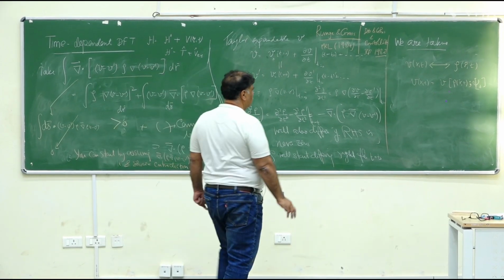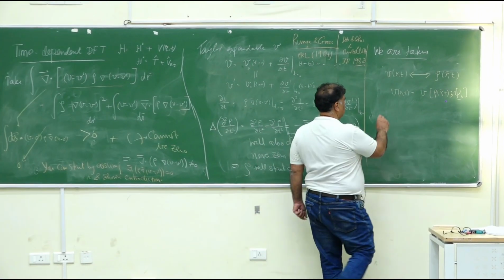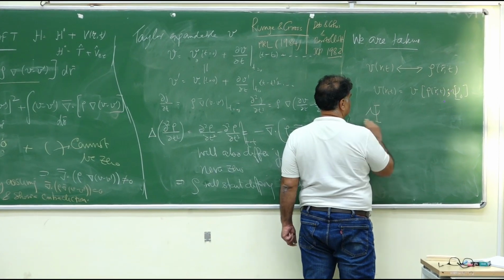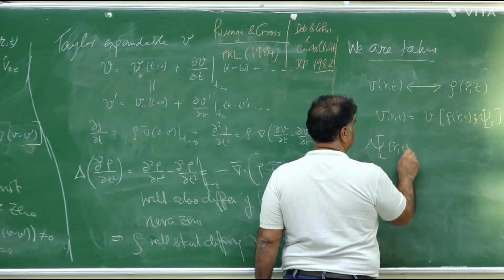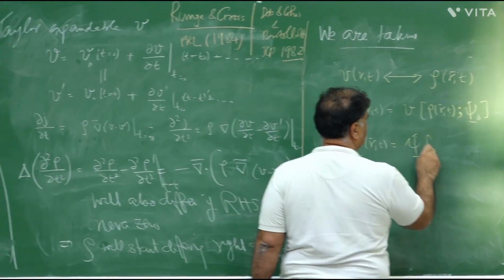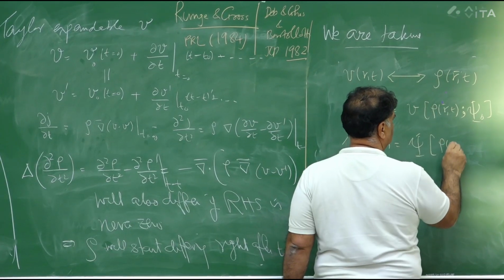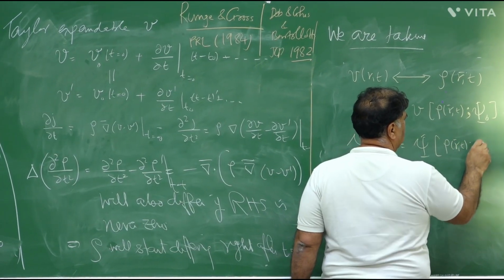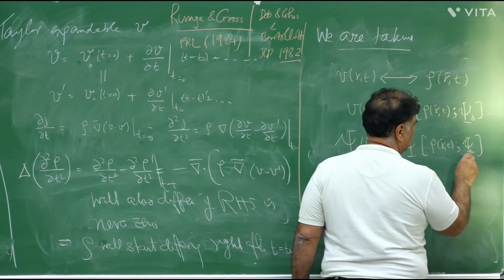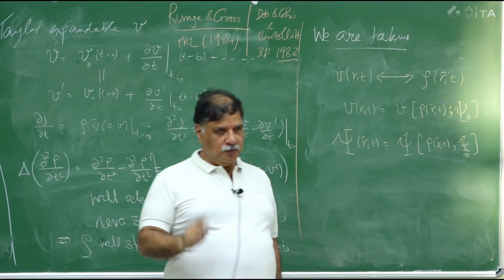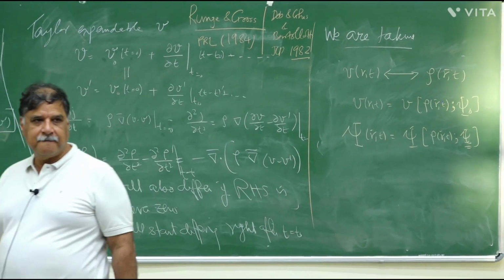And once you do this, then you can say that the many-body wave function psi(r,t) is also a functional of rho(r,t) and psi 0. Psi 0 usually is not written, but you must understand this.